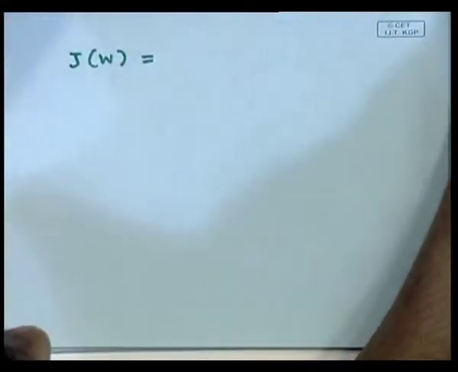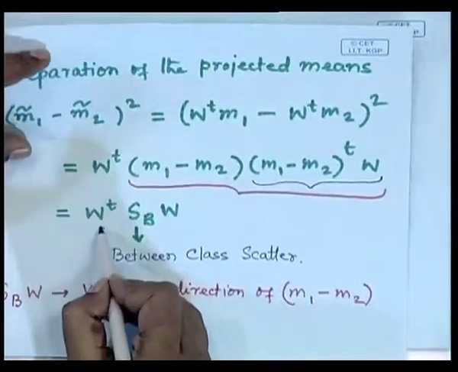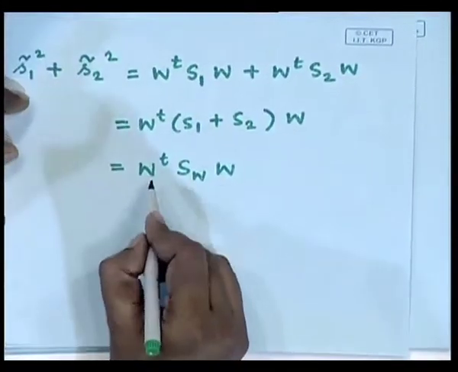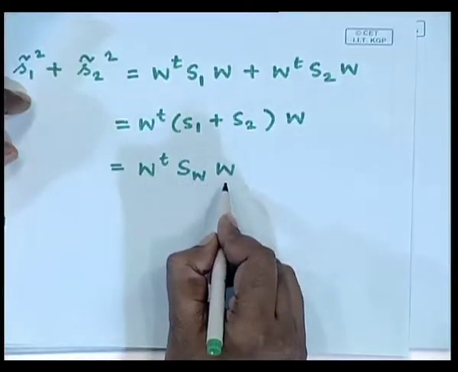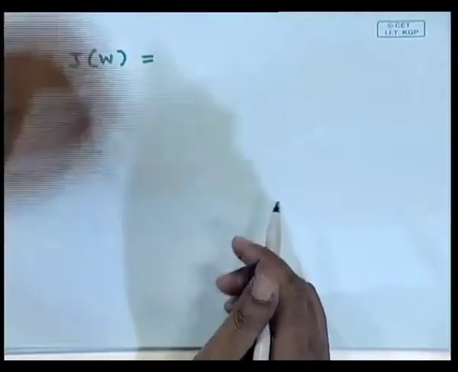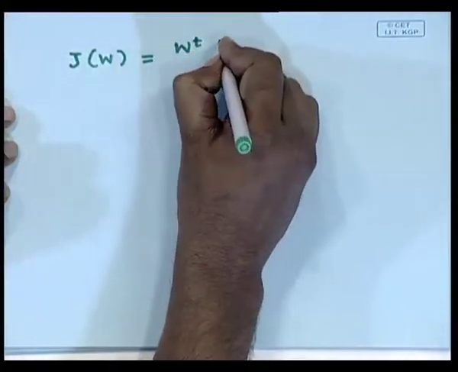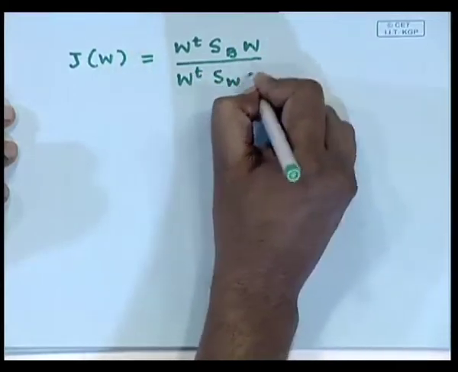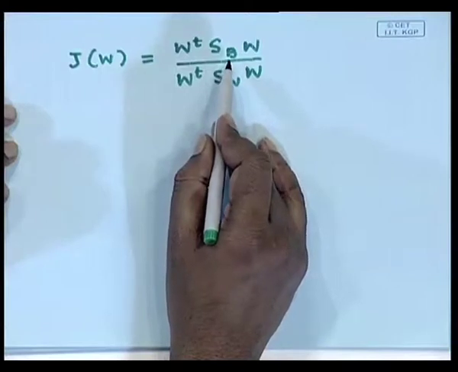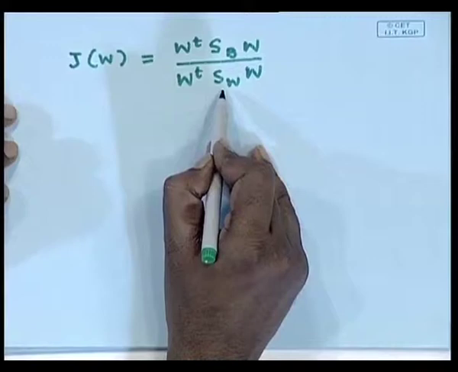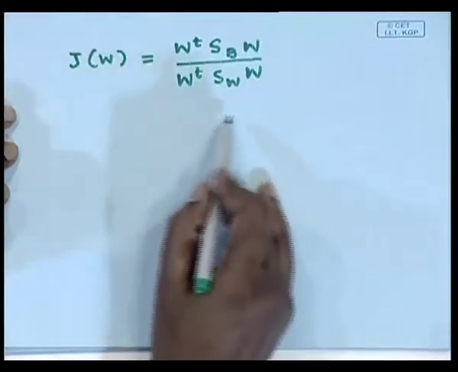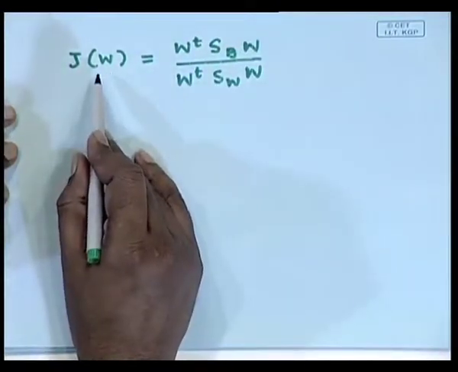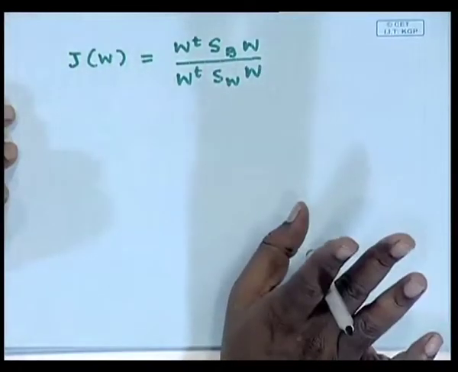And we have found that M 1 tilde minus M 2 tilde square is nothing but W transpose S B W, and S 1 tilde square plus S 2 tilde square is nothing but W transpose S W W. So, I get an expression of this criteria function explicitly in terms of W, given by W transpose S B W upon W transpose S W W, where S B is the between class scatter and S W is the total within class scatter.